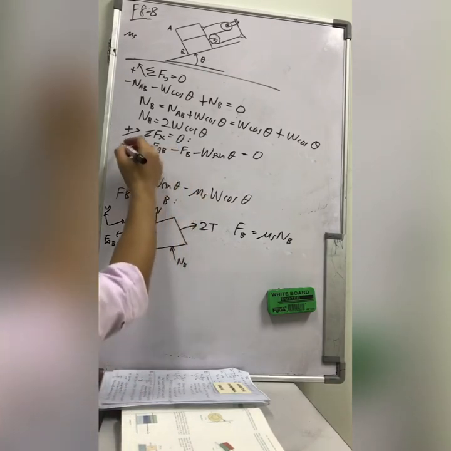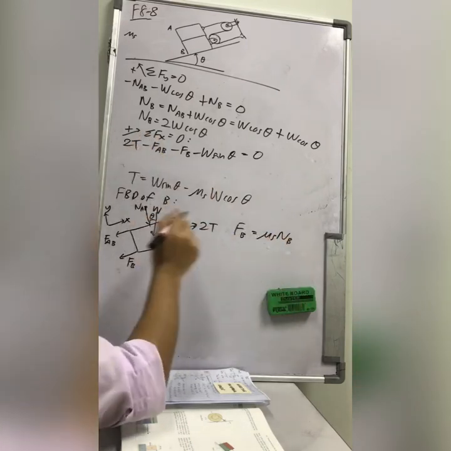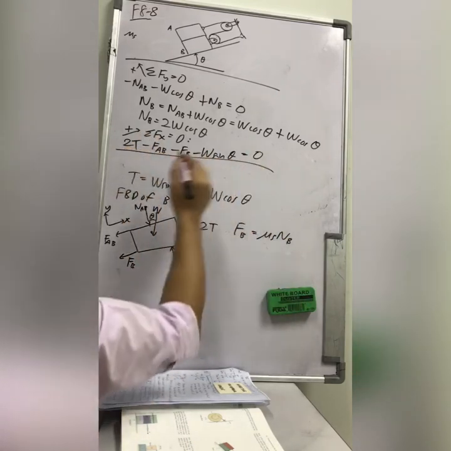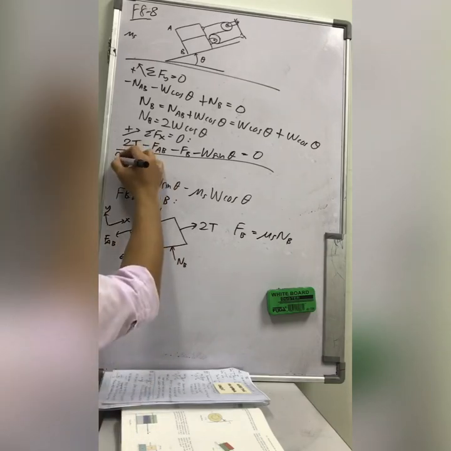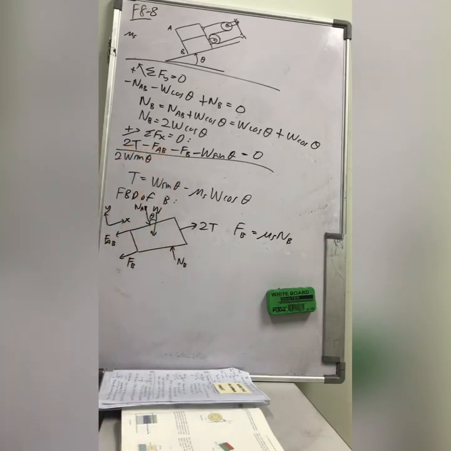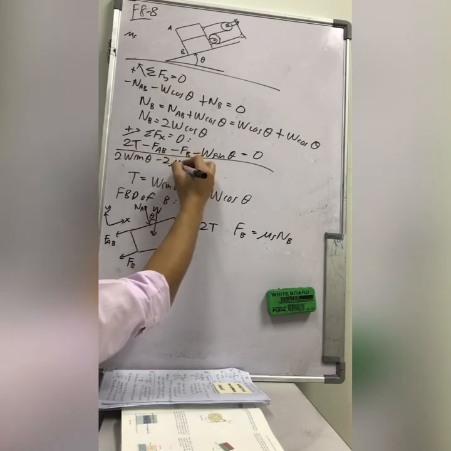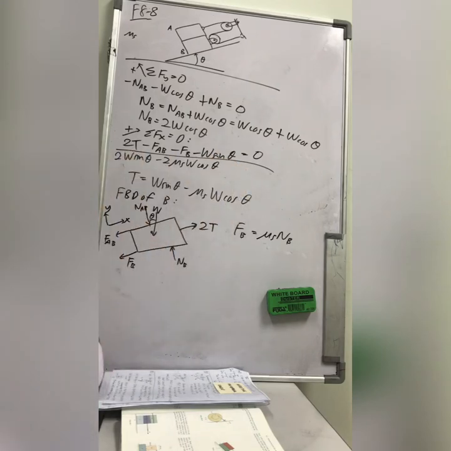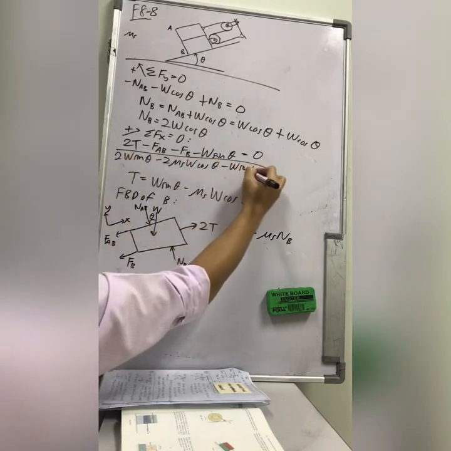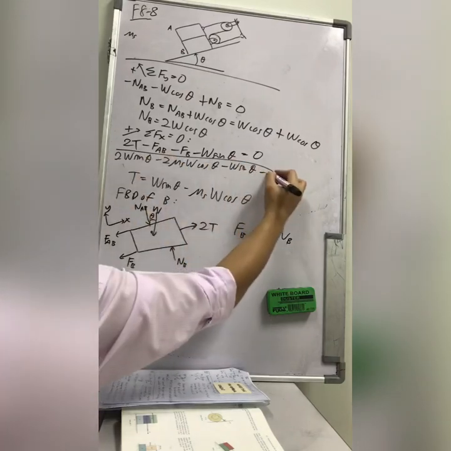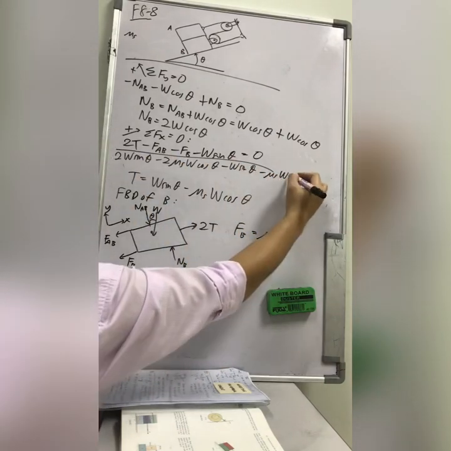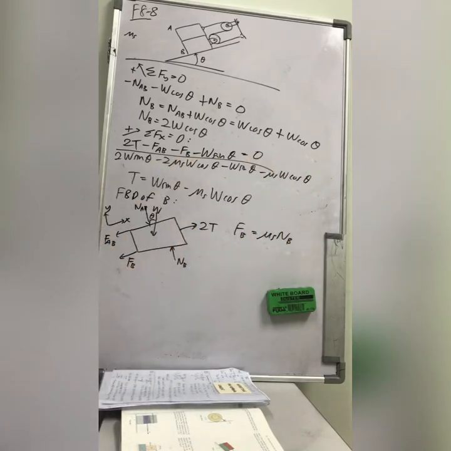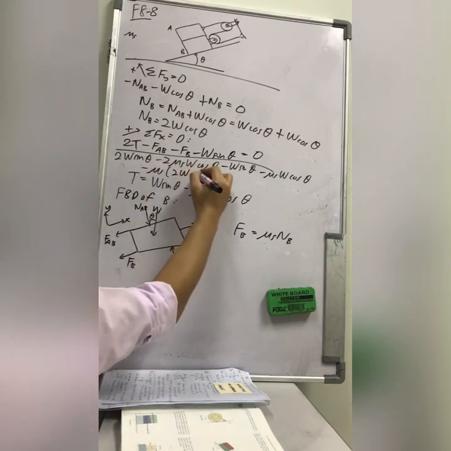So when you solve this, you will have 2W sine theta minus 2 mu_S W cosine theta, minus W sine theta, minus mu_S W cosine theta, minus mu_S 2W cosine theta.